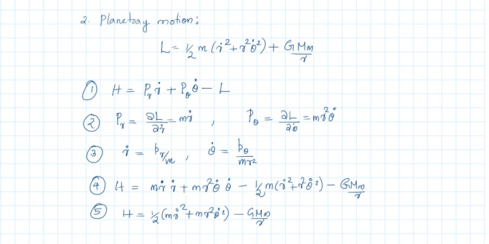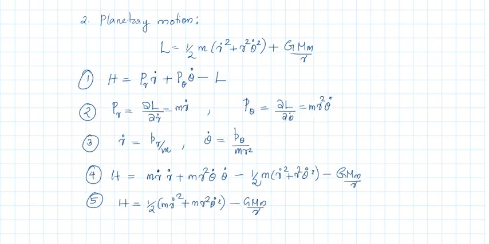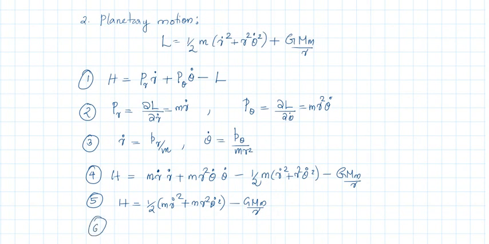And the final step, you have to convert all the generalized velocities into generalized momenta using step 3. So H is equal to p r square by 2m plus p theta square by 2m r square minus GMm by r. Simply put r dot as p r by m, theta dot as p theta by m r square. You will get it like this.